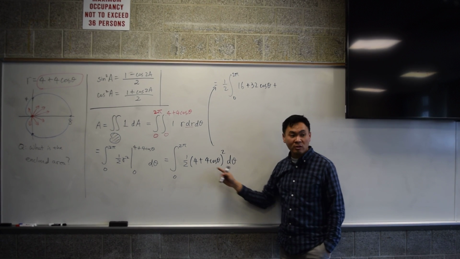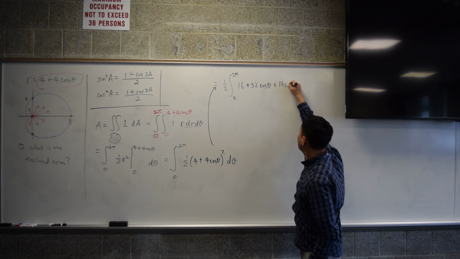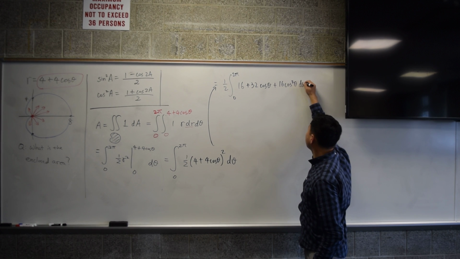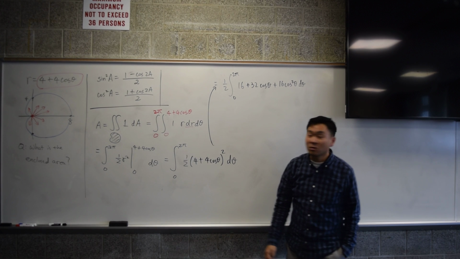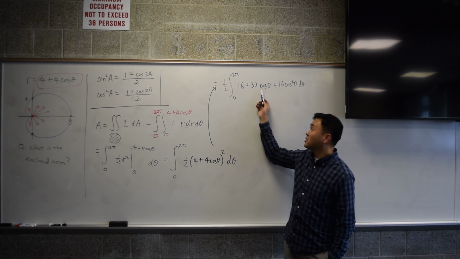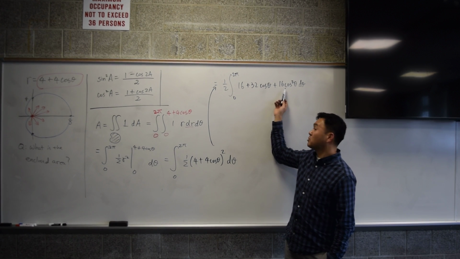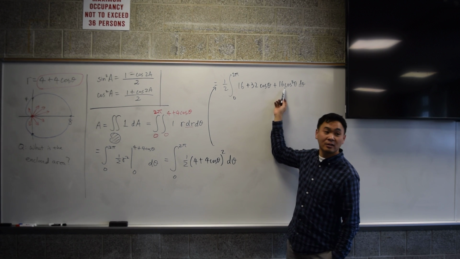And the last one squared is 16 cosine squared of theta. So we have to integrate this. Now, this integral is easy. How about this one?